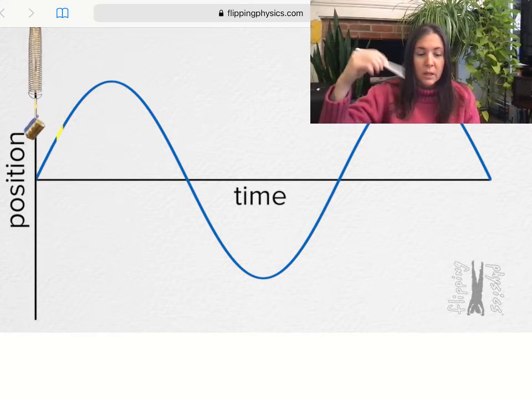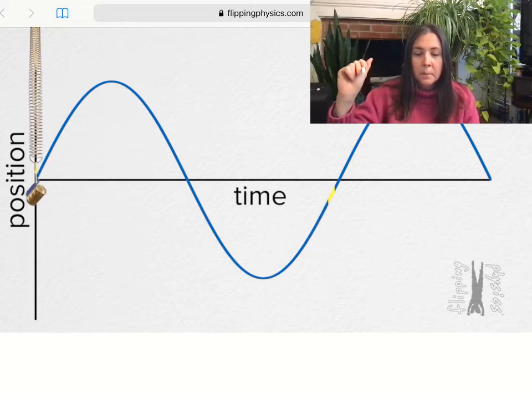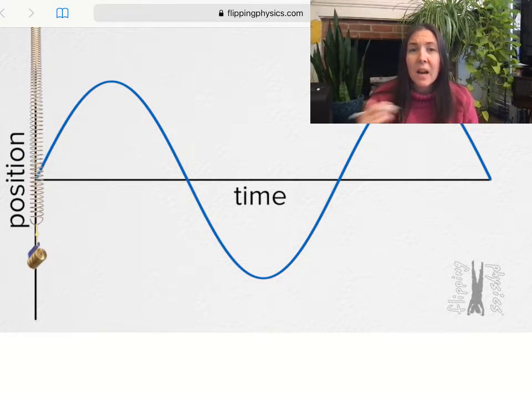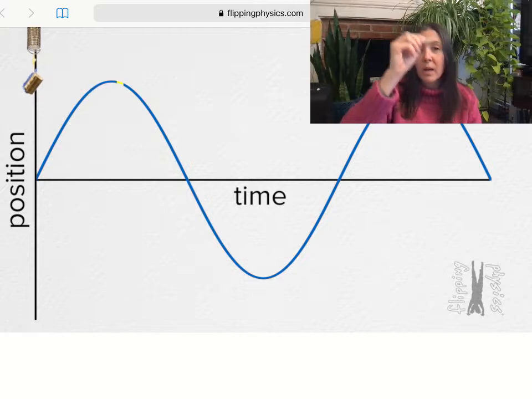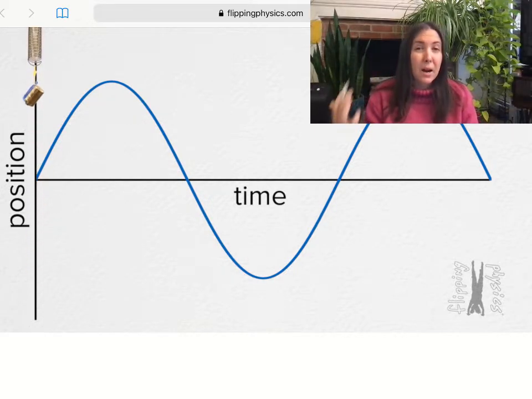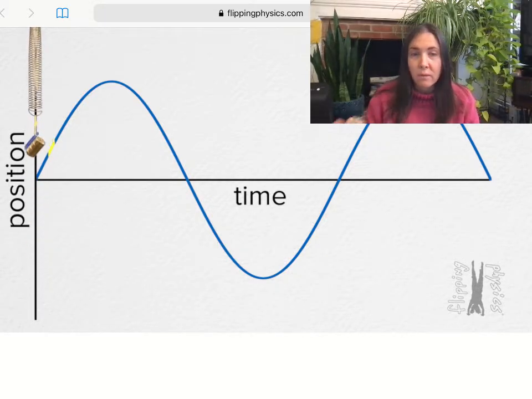So if we get ready, start our timer, it goes down, and stop your timer. You should see that the time it takes to go from the top to the bottom and back up again is about 6 seconds. That's going to be the period of this mass on a spring.